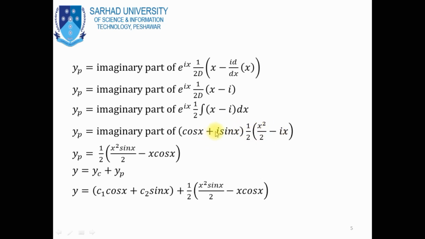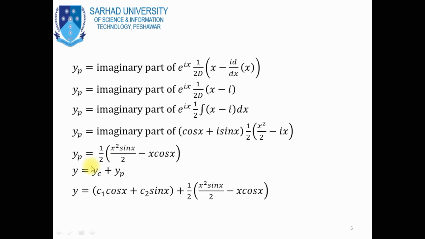So by comparing, the imaginary part is sin x into x²/2 and minus cos x into x, with 1/2 common. So this is the particular solution.